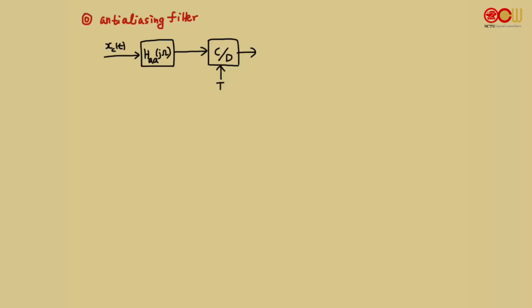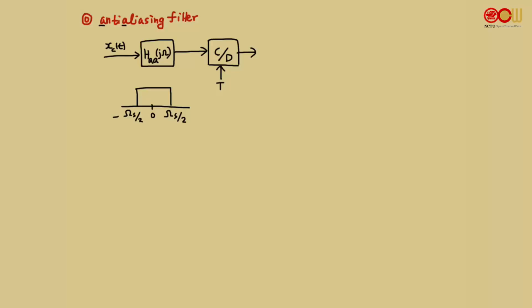This HAA is the anti-aliasing filter, and it's an ideal low-pass filter, band limited with a cutoff frequency omega s over 2.